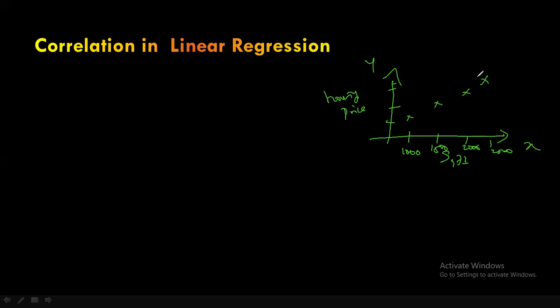When you draw a straight line touching all these values, this is called your linear regression line, which is nothing but y hat equals beta naught plus beta 1 x.